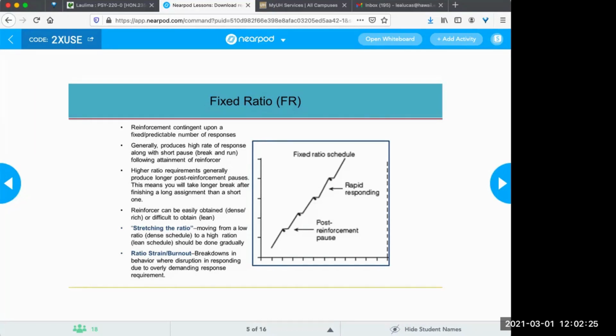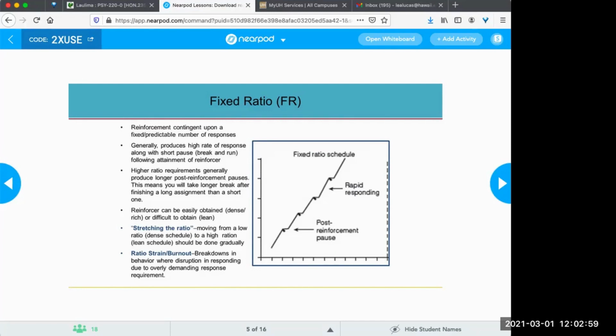So we talk about reinforcement being contingent, which means it is based upon what we do, on a fixed or predictable number of responses. Oftentimes when you see this in applied behavioral analysis, behavior modification, which is the old name for applied behavioral analysis, it will be abbreviated FR and a number: FR5, FR10, FR15, FR20.